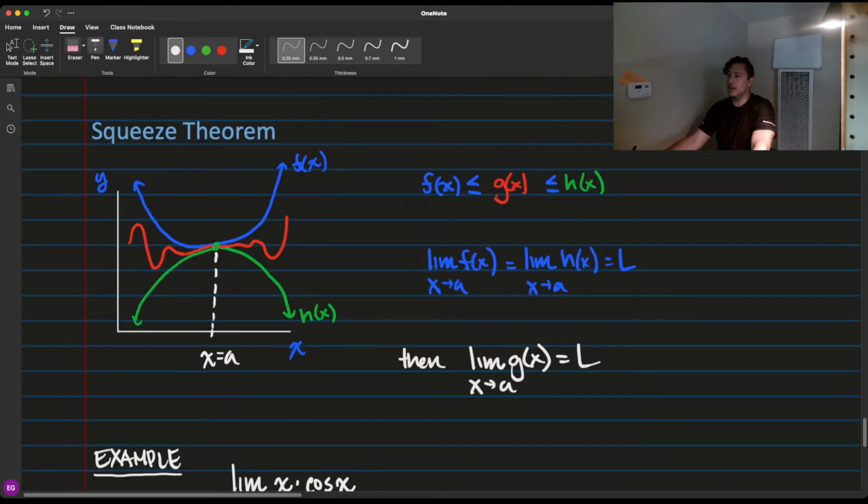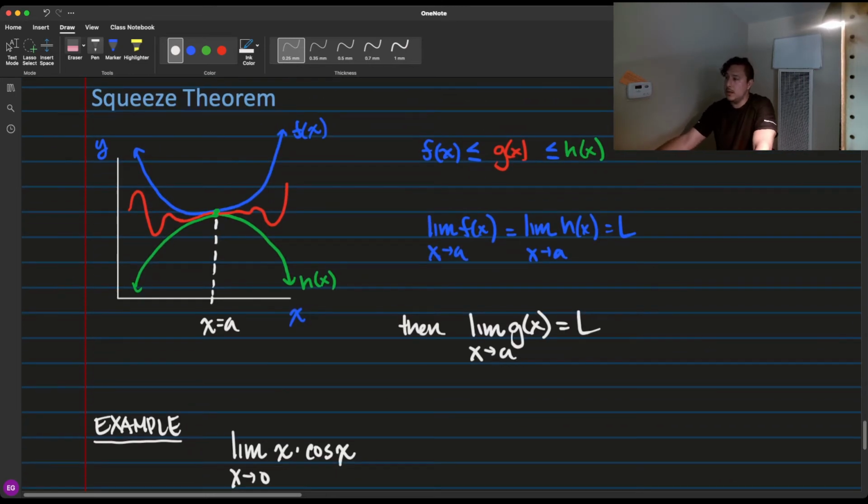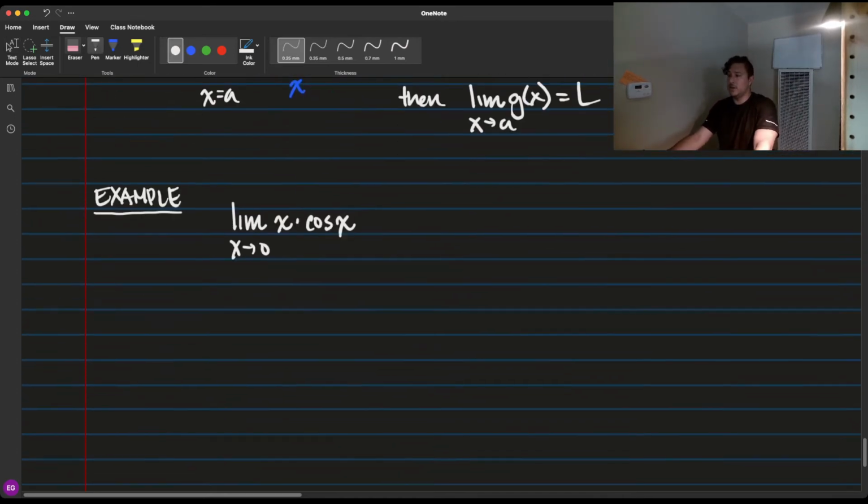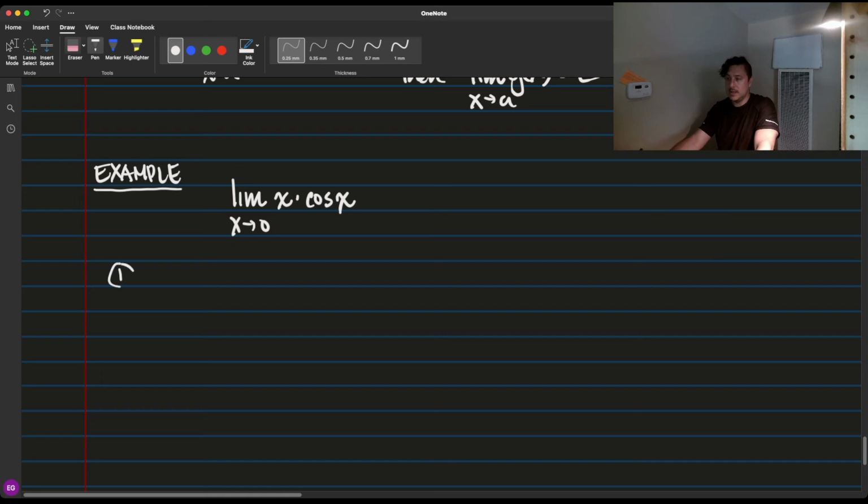And notice the Squeeze Theorem only applies basically when you have a triplet of functions and there's an inequality, like f is less than g, which is less than h, and then the outside ones go together. So your first step usually is to create that inequality. So this is going to be our g of x, the function in the middle.